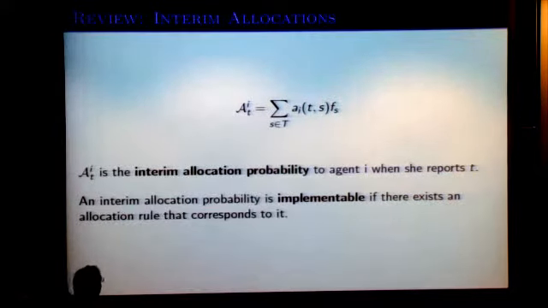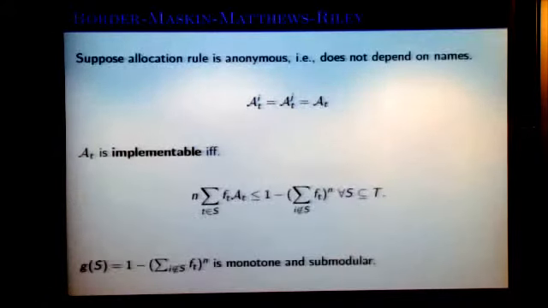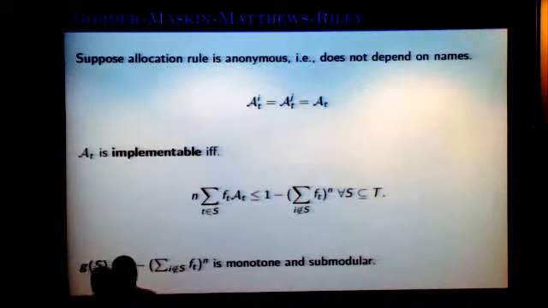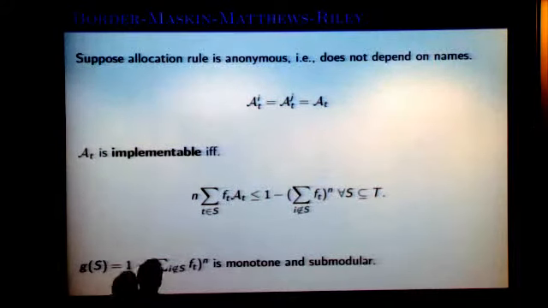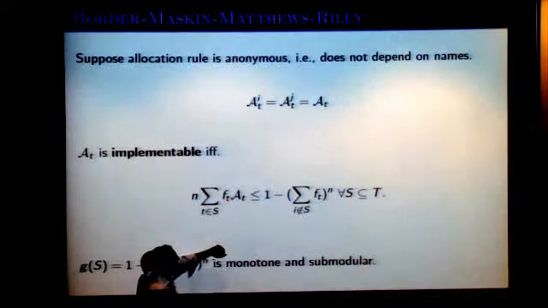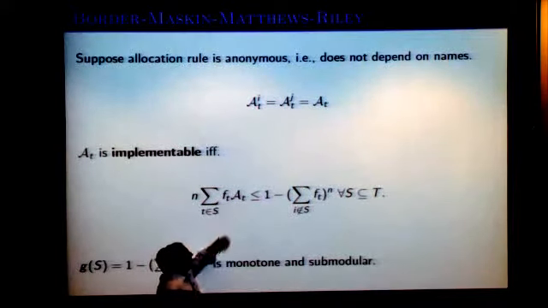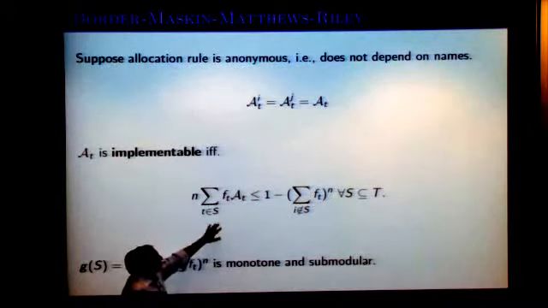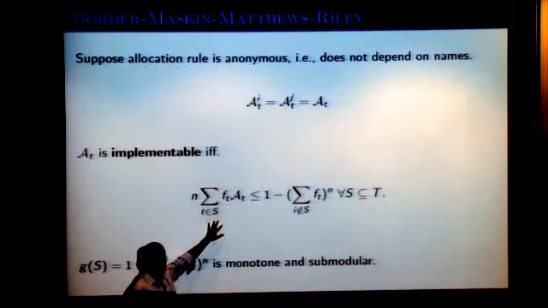I'd rather work with the interim allocation probabilities. Just to remind you, in the case when the allocation rule we're looking at is symmetric, doesn't depend on the names of the agents, and I'm going to assume that's the case here, we have the following characterization due to Border, Maskin, Matthews, and Riley that says a collection of calligraphic A's is implementable, corresponds to an allocation rule, if and only if they satisfy these inequalities.